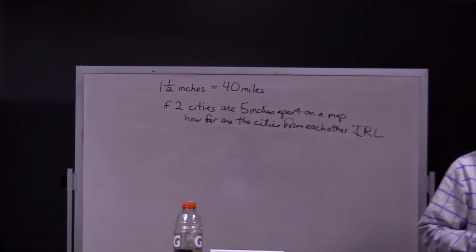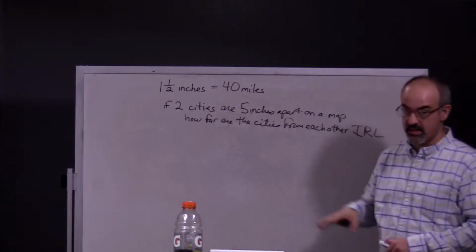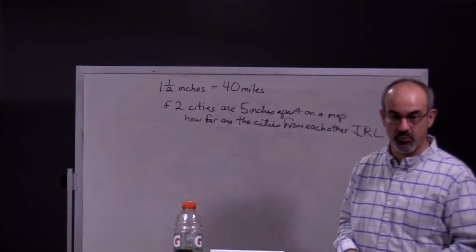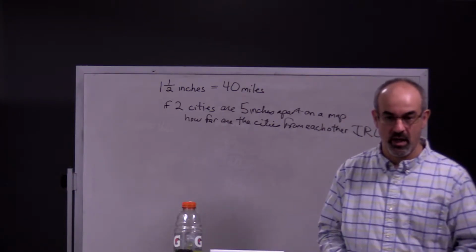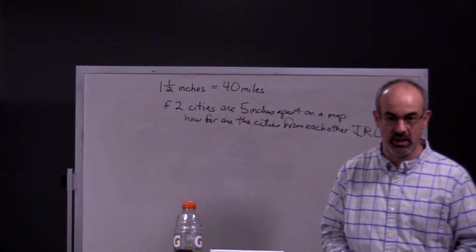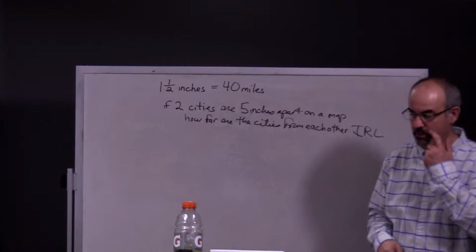Alright, so if you have a map that has a key that every 1.5 inches is 40 miles, how far apart in real life are two cities that are 5 inches apart on the map?